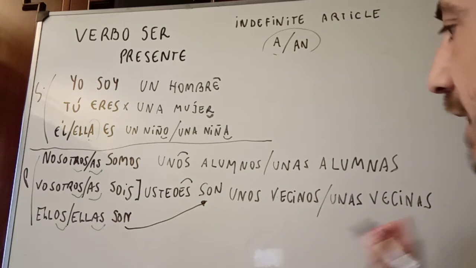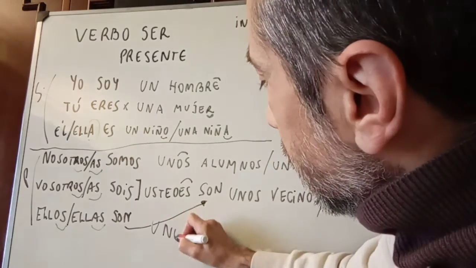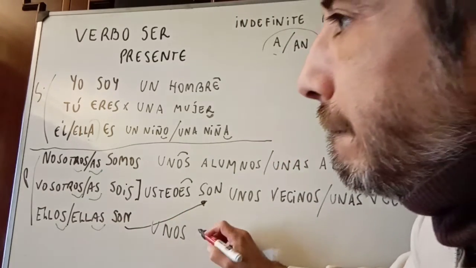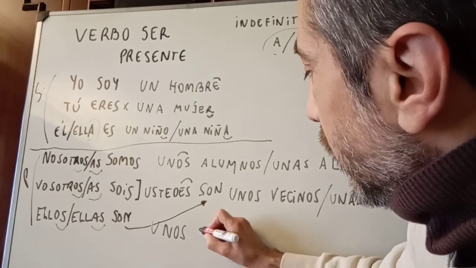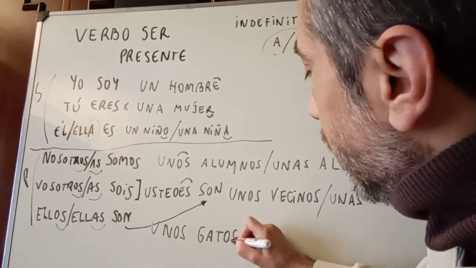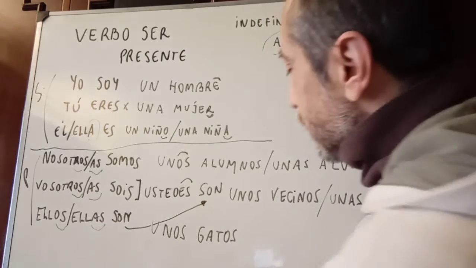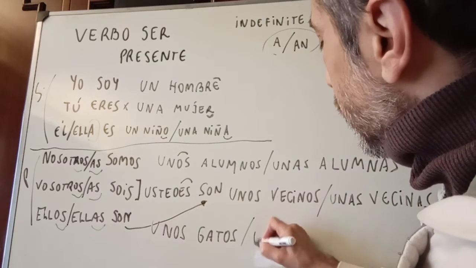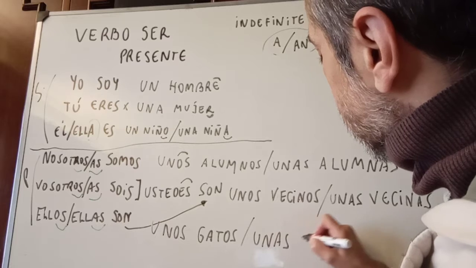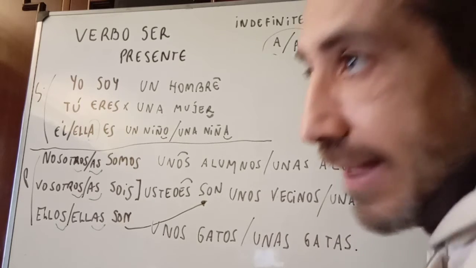Os, as. Ellos son unos gatos, cats. They are cats, or these are cats. Ellas son unas gatas. They are cats too.